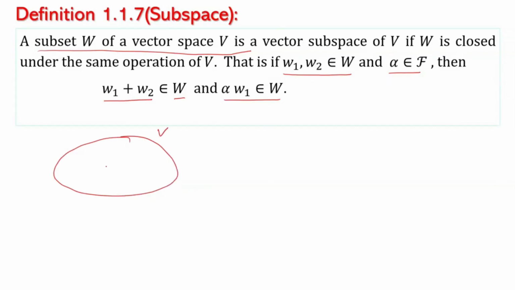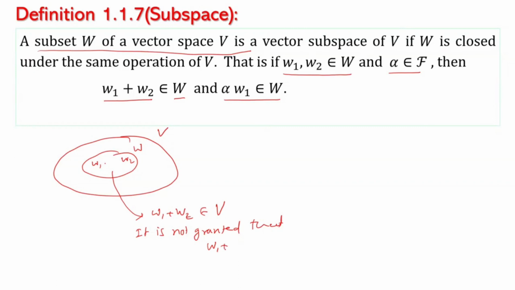For example, if this is V and this is W, and you take w1 here and w2 here, since w1 and w2 are members of V, w1 plus w2 is a member of V because V is a vector space, but it is not guaranteed that w1 plus w2 belongs to W again. If it does, along with the second property, then we can say W is a subspace.